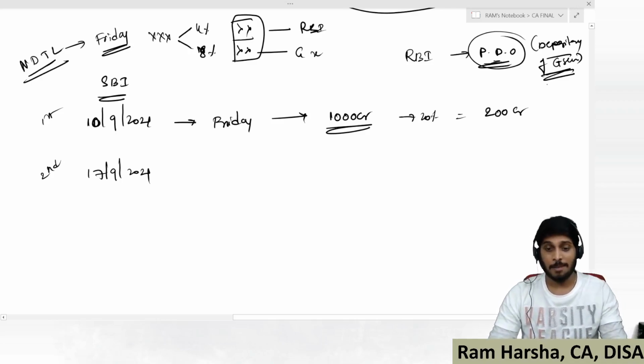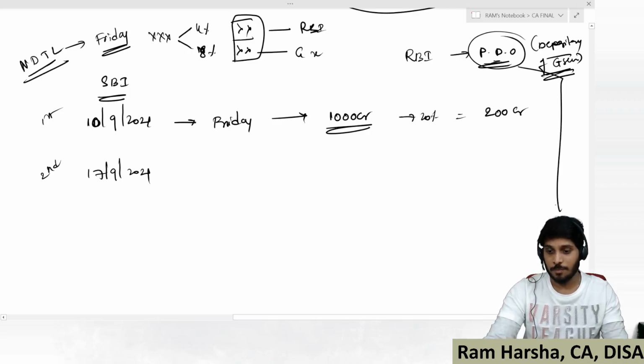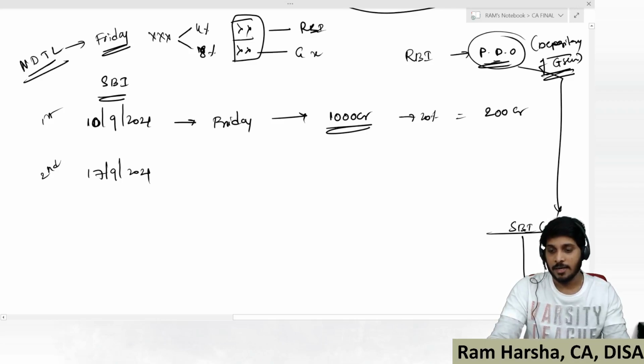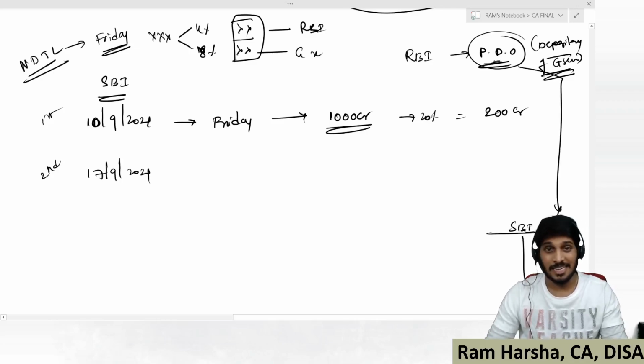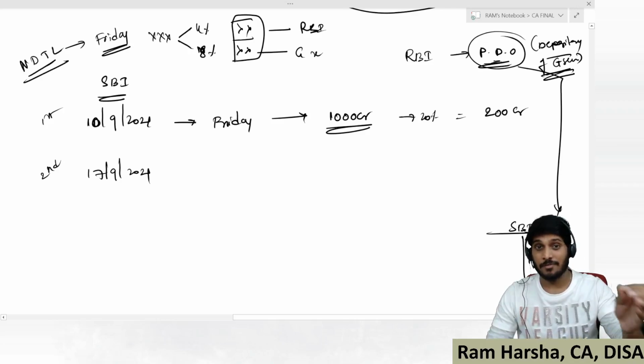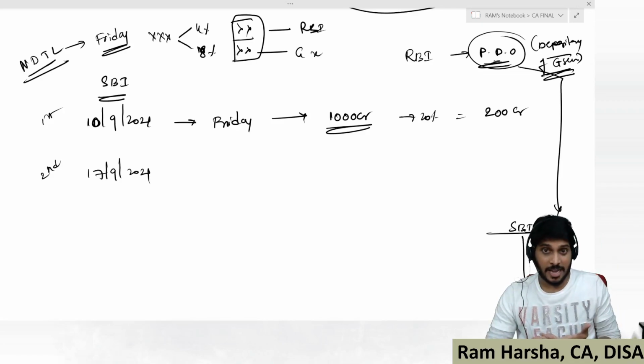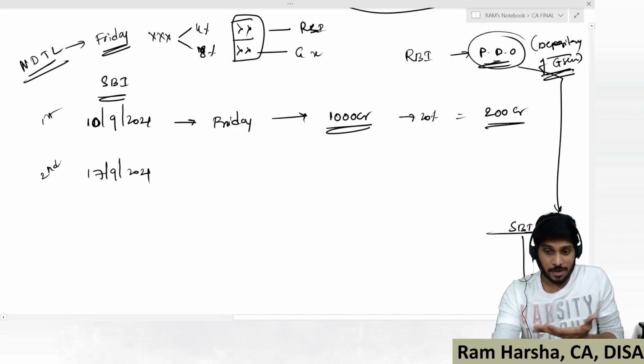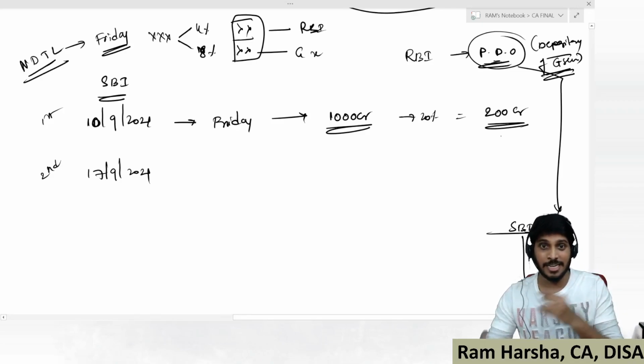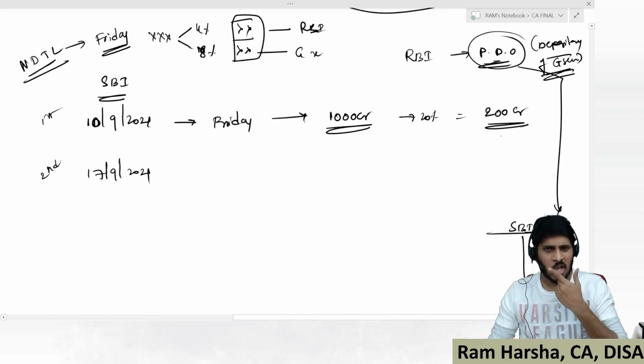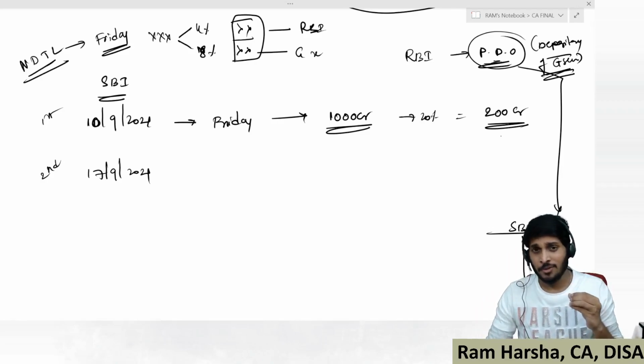Now, this PDO will maintain the State Bank of India subsidiary general ledger. On the first Friday, State Bank of India has to create 200 crore worth of statutory liquidity reserve. Yes or no? How do they create it?